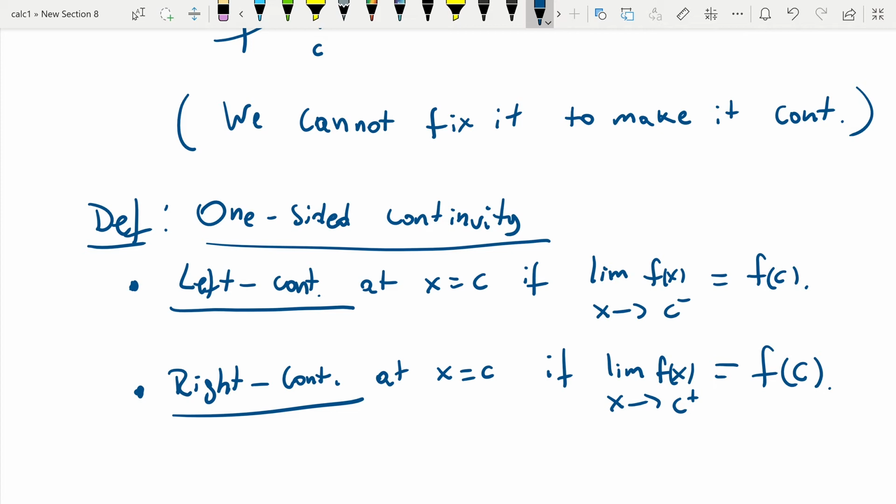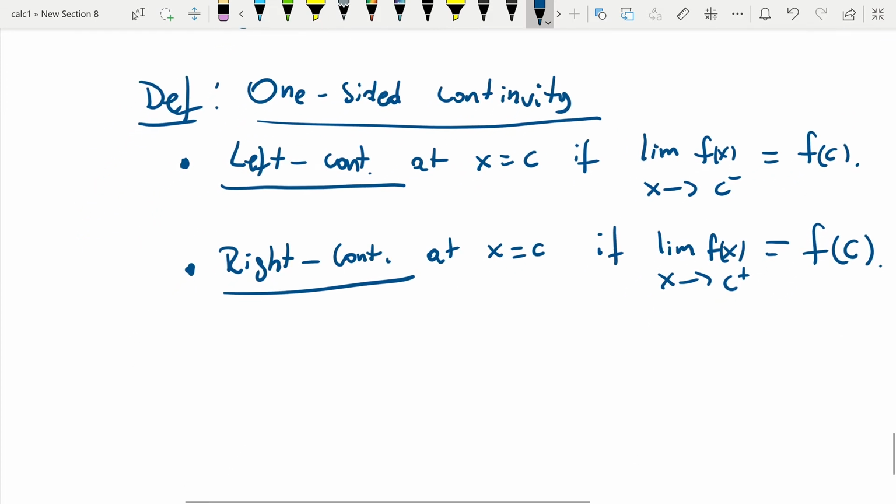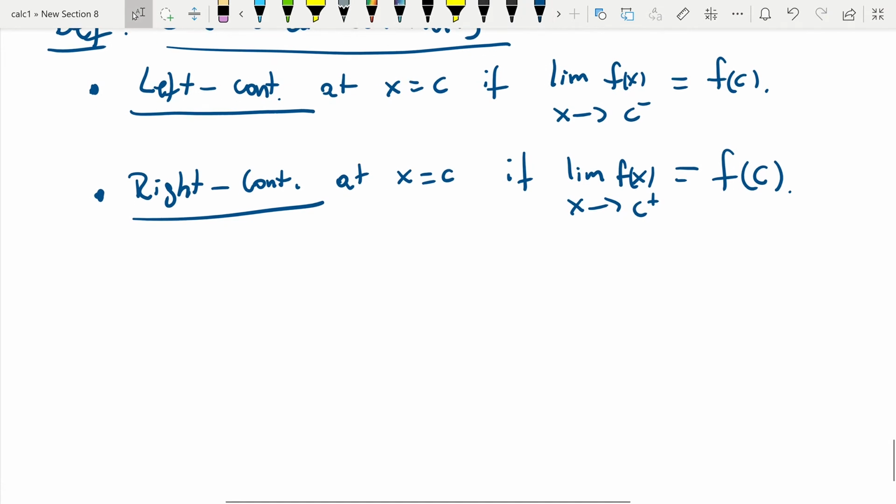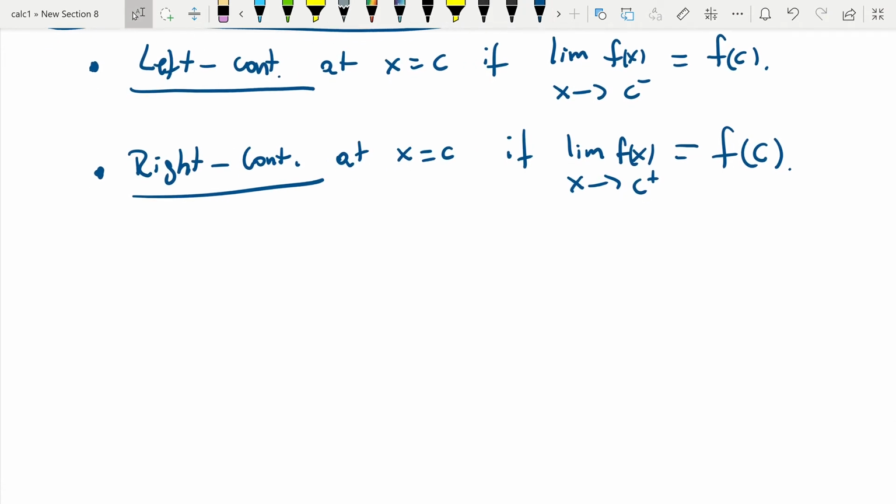So that's one-sided continuity for you. You just check the definition of continuity by replacing the limit by this one-sided limit.